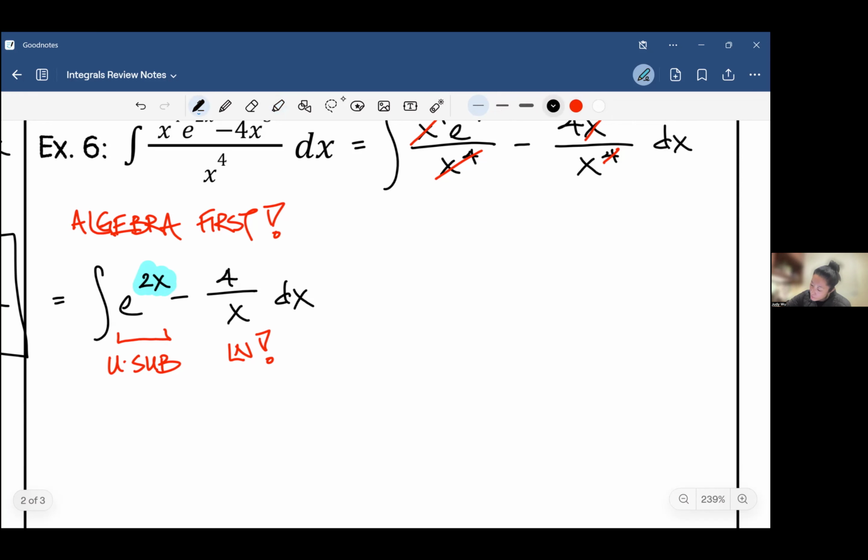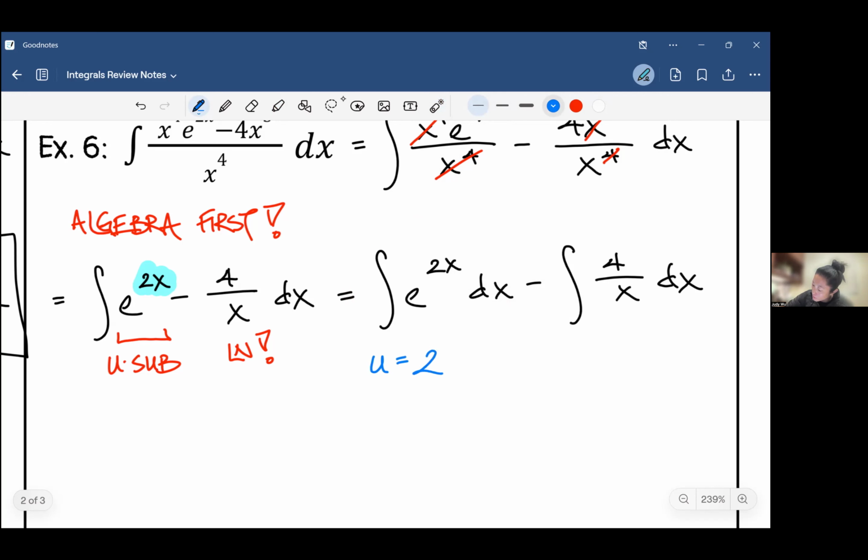Now this is, I think, a good time for me to write this as two separate integrals, just so we can see how the setup for our u sub is going to work. So when we set up our u sub, the most important thing is thinking about what is our u. And in this case, our u is going to be that power. I like to then find the derivatives of both sides. So the derivative of u is du, and the derivative of 2x is not just 2, it's 2 dx.